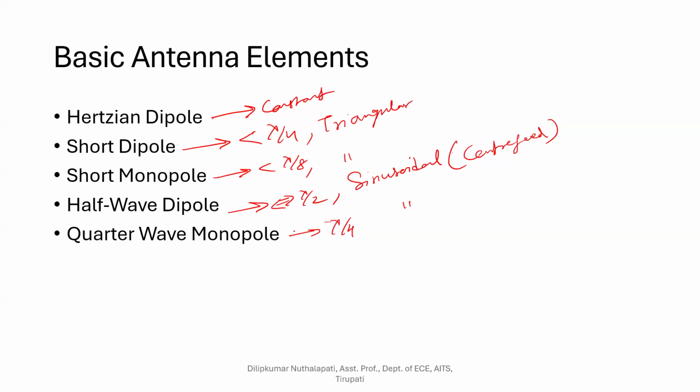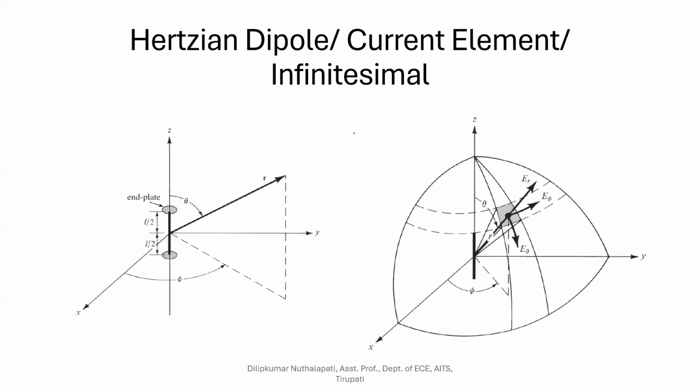Now, let us look at the Hertzian dipole, whose other names are a small current element or infinitesimal dipole. The current element is an infinitesimal linear wire, a linear wire whose length is very small.